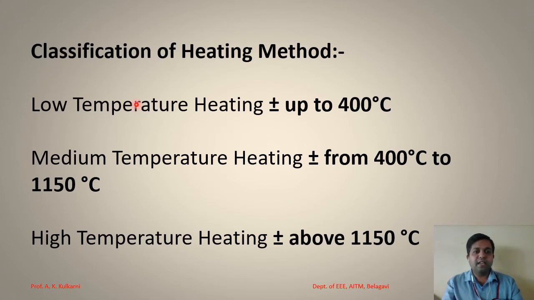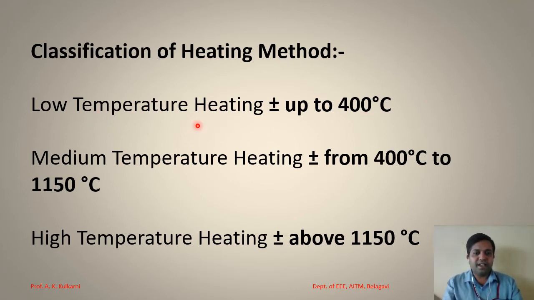Before that, first we need to classify the heating methods. Mainly there are three types of heating methods: low temperature heating, medium temperature heating, and high temperature heating. They are classified according to the temperature in degrees Celsius.